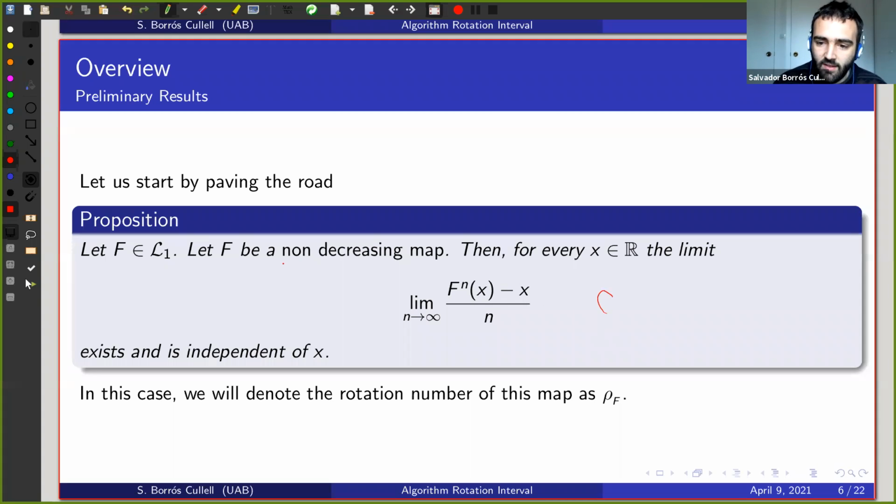So we can talk of a rotation number for the map, not for the map and a point. Remember that in the previous slides, we always wrote rho f of x. Now it's just rho of f for non-decreasing maps.